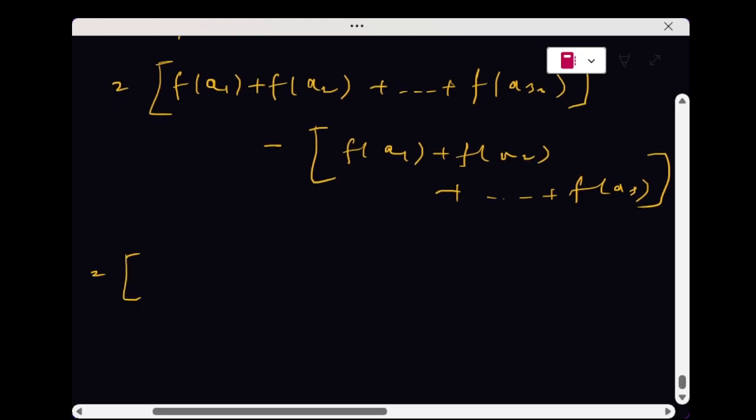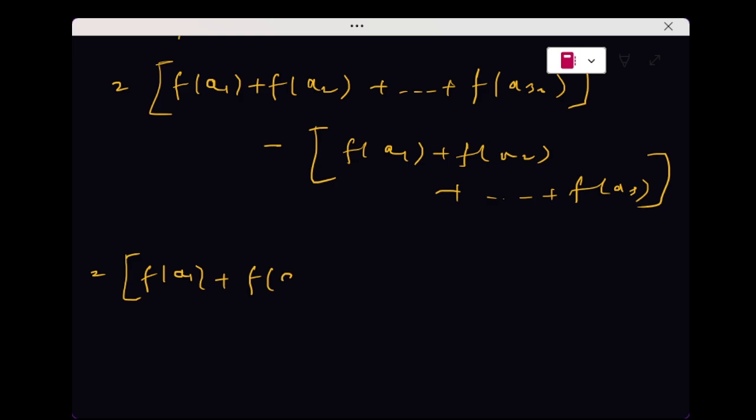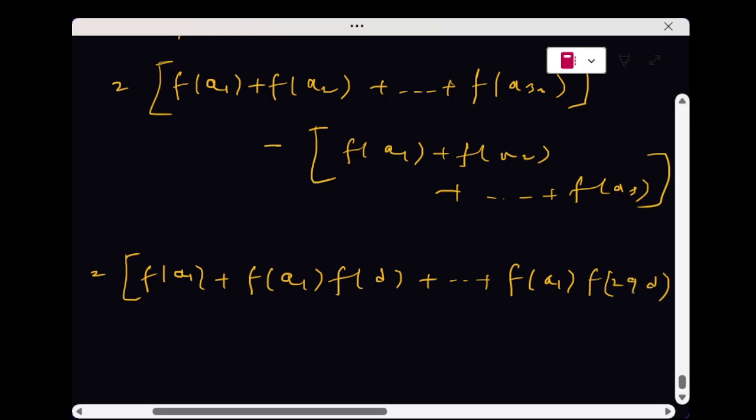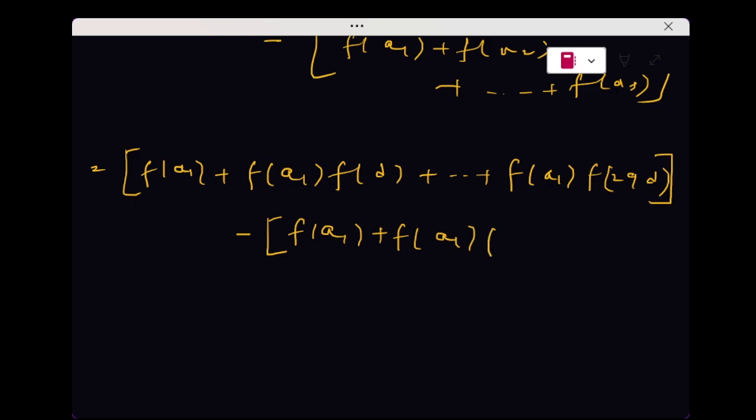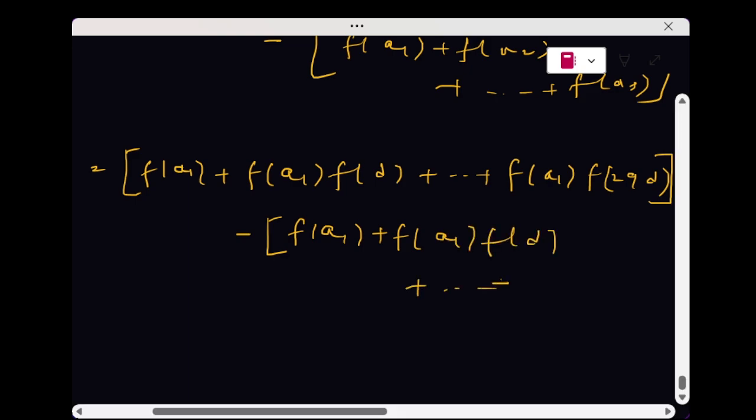So from the first summation, it will be f of a1, f of a2 will be f of a1 into f of d, and so on, f of a1 into f of d to the power 29, minus f of a1 plus f of a1 into f of d. It goes all the way up to f of a1 into f of d to the power 4.